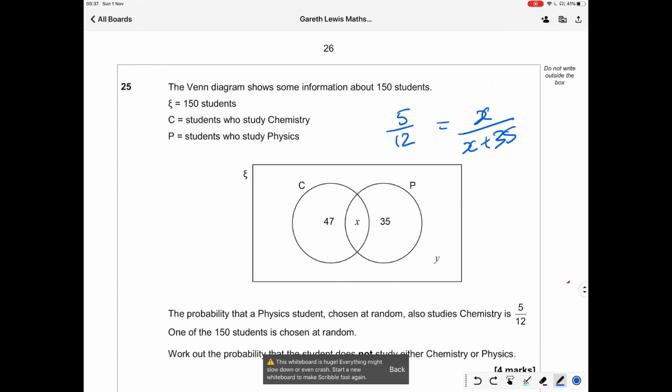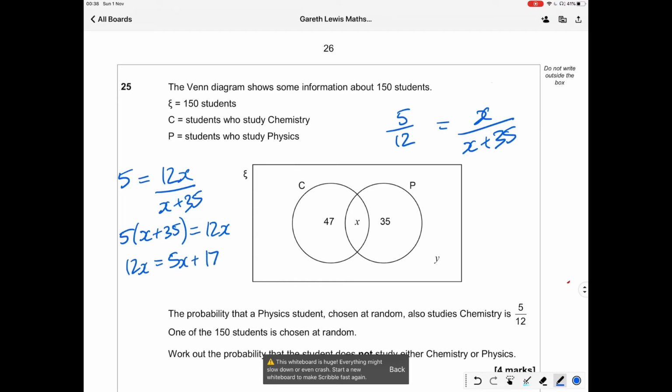So what I'm going to do is multiply both sides of that equation by 12 to get 12x over x plus 35 equals 5. And then I'm going to multiply both sides of that equation by x plus 35 to get 12x equals 5 times x plus 35.